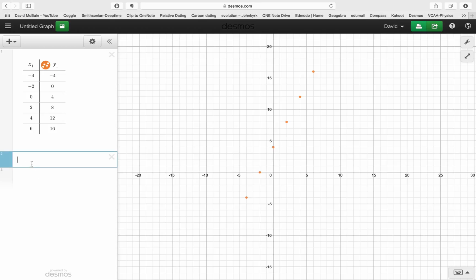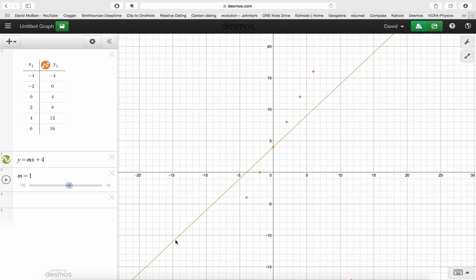So y equals, now I don't know what the gradient is, so I'm going to call it m for gradient, but I think that my y-intercept is 4, so y equals mx plus 4. Well, there's the line.